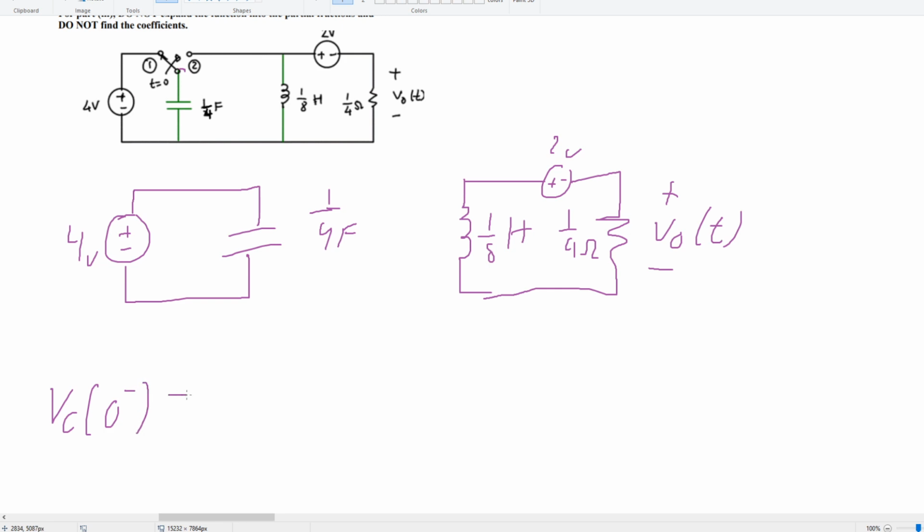If this voltage source is connected to this capacitor, thinking of it logically, the capacitor is going to keep building up charge until it matches the 4 volts. So if this is connected for a really long time, all 4 volts go into the capacitor, so this is 4 volts.